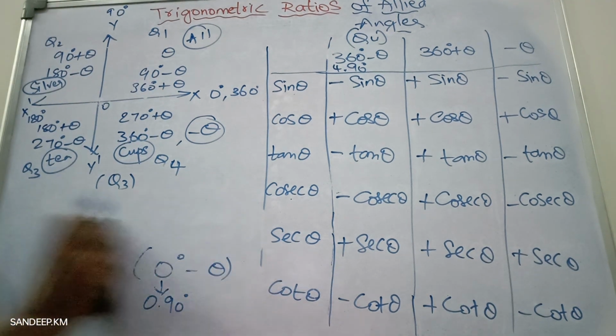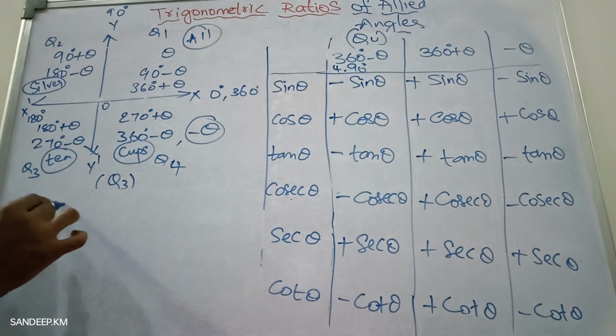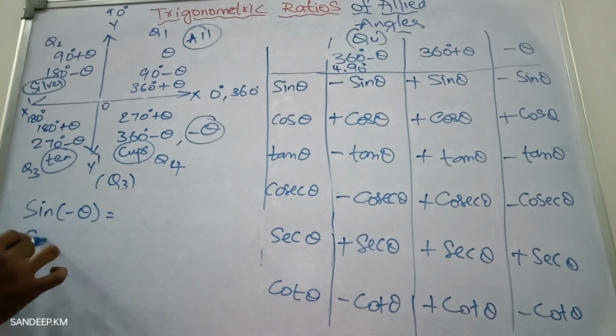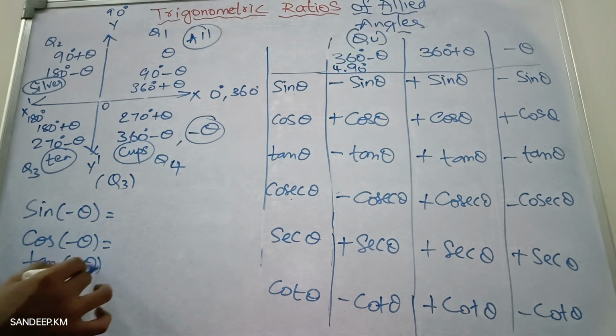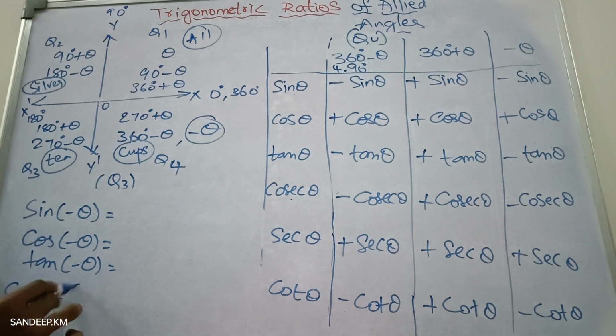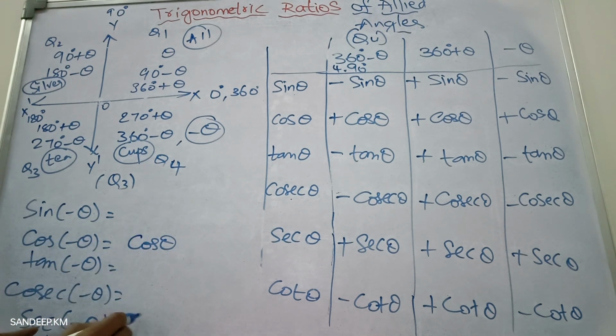So this is very important, dear students. Sin of minus theta, cos of minus theta, tan of minus theta, cosecant of minus theta, secant of minus theta, then cot of minus theta. Only cos of minus theta is plus cos theta and secant of minus theta is plus secant theta.